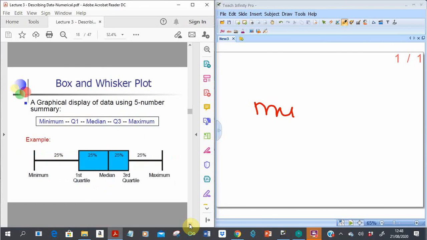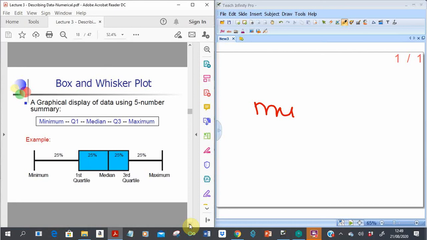The quartiles can be used to construct a box and whisker plot. This shows us a data summary, and we use the minimum value, the first quartile, the median, the third quartile, and the maximum value.